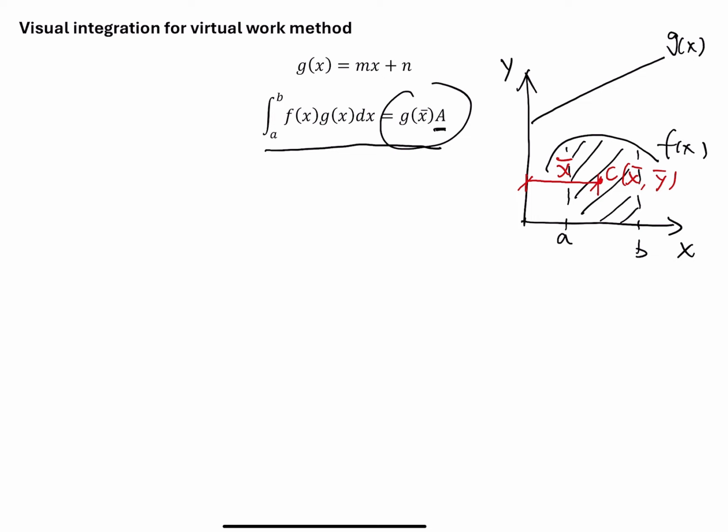Once we know x bar, g(x bar) is the magnitude of g(x) at x equal to x bar. So A is the area under f(x) from A to B, g(x bar) is the magnitude of g(x) at x bar, and x bar is the centroid of this area. This is the expression for the integrals.